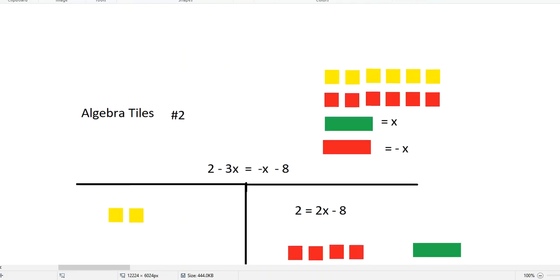Well, let's come back up here. There's 4 of those, so I'm going to grab 4 of these. Oops, I grabbed too many of them. I'm going to grab 4 of these.